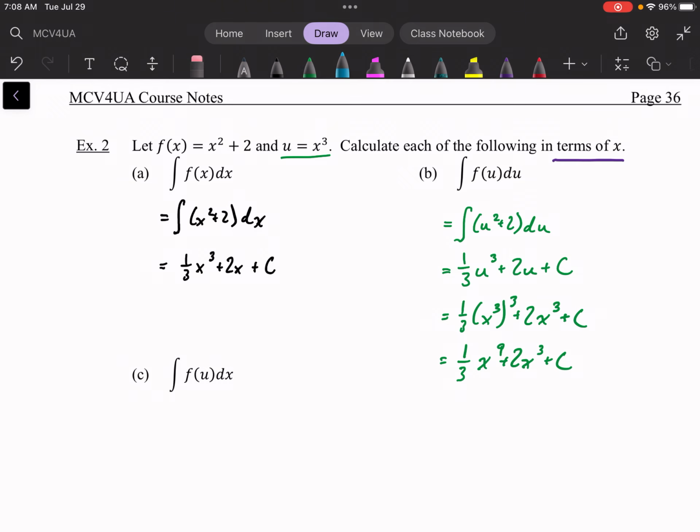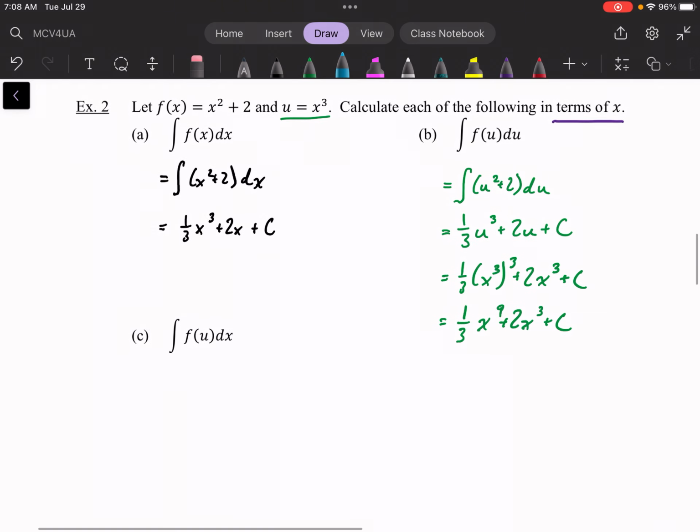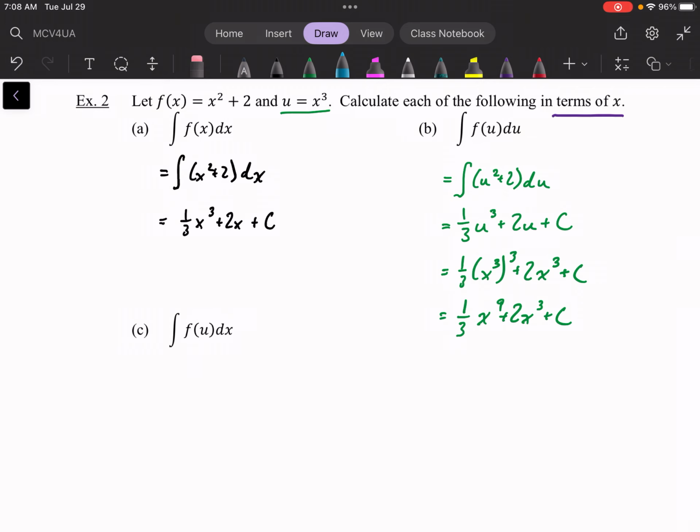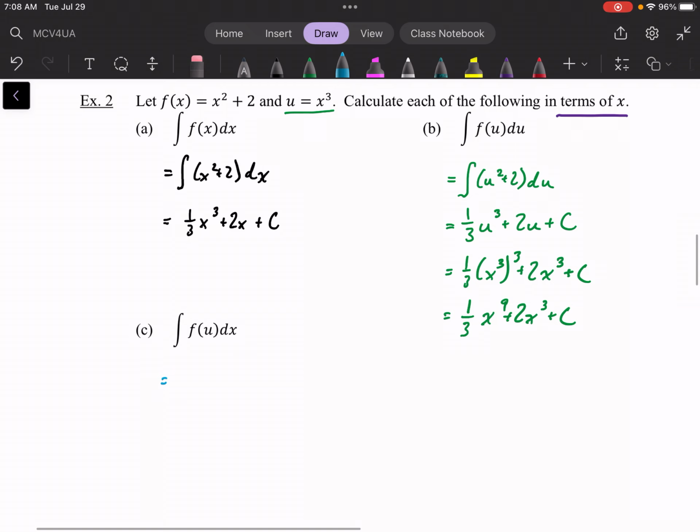Okay, so let's take a look at our last problem. Now our last problem has the integral of f of u dx. So first of all, I'm going to write what f of u is, which is u squared plus 2. But this is dx. Well, I can't integrate this with respect to x because there is no x. So I have to replace the u first. So put a u cubed squared plus 2 dx.